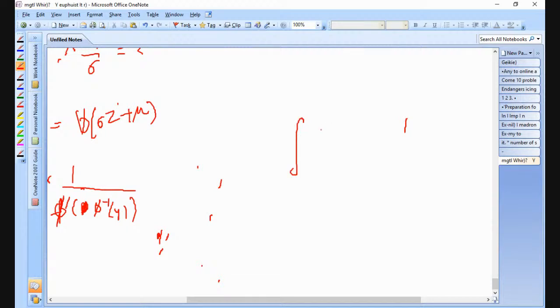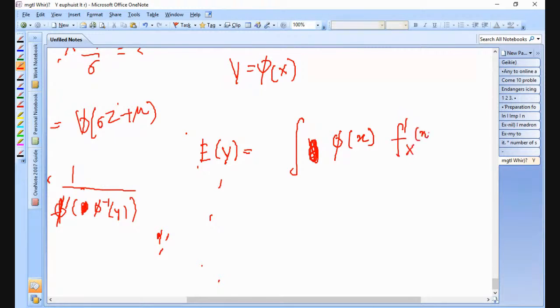So now let's do it like this. The expectation of Y is the integration of Y, where Y is equal to phi of X, into f of X dX, as is normal by the definition.